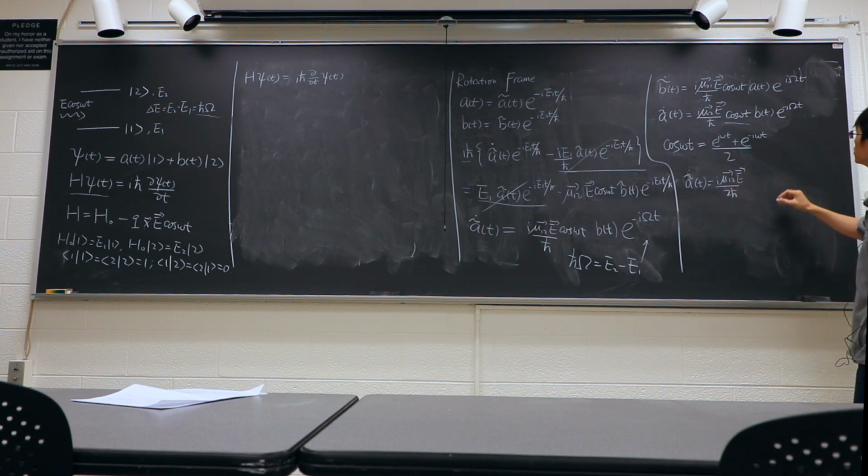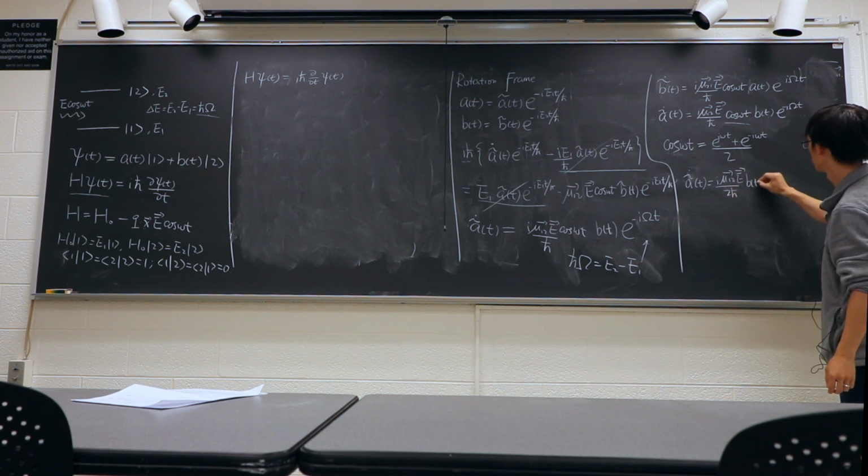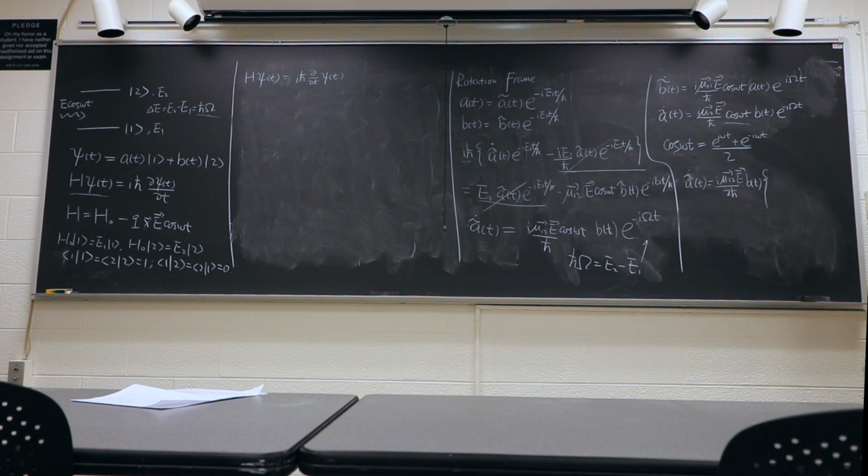Two comes here, Bt. And then we have these two times together, minus I, omega minus omega t, plus E minus I, omega plus omega t.